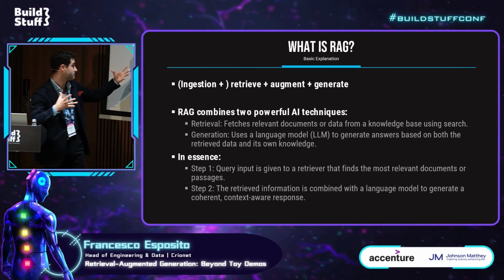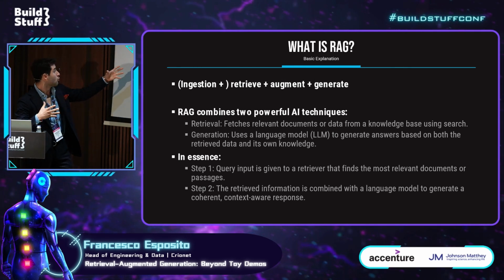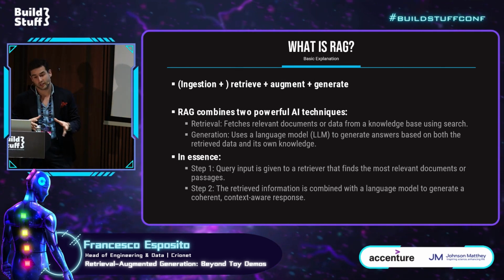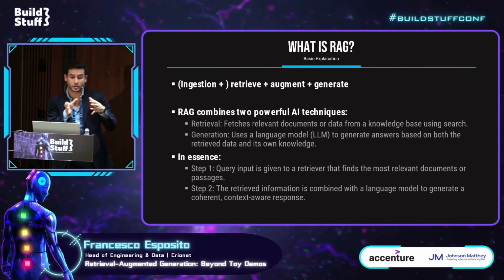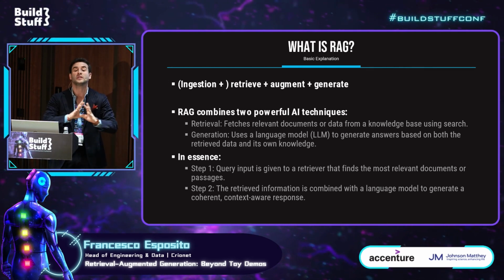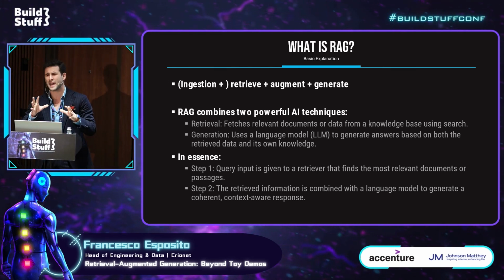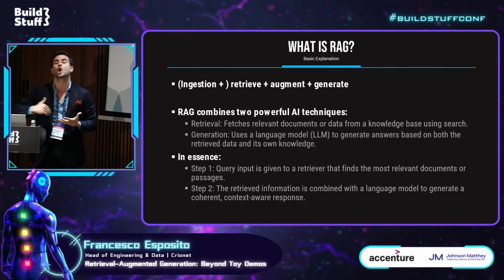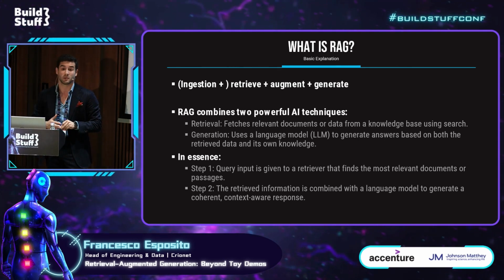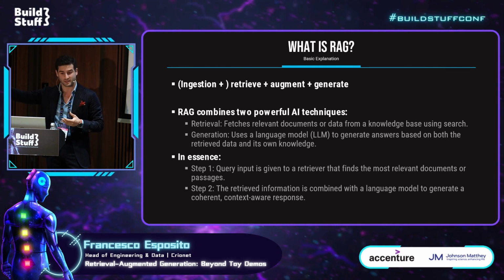So in essence, we first query some sort of retriever with some kind of input, which can be the user input, a user message, but can also be a more complex thing. Think about codebases.